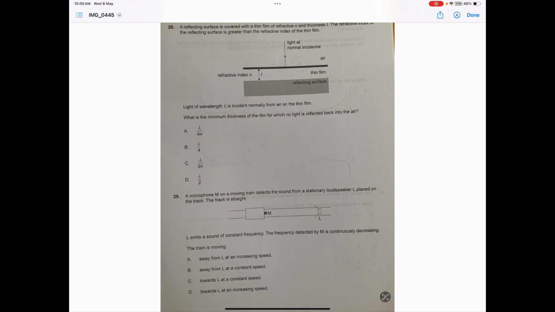What's the minimum thickness of the film for which no light is reflected back into the air? So the formula for this one is going to be 2nt is equal to m plus 0.5, because it's destructive interference. There's no light reflected back again.